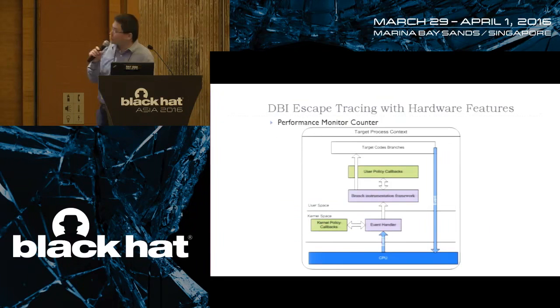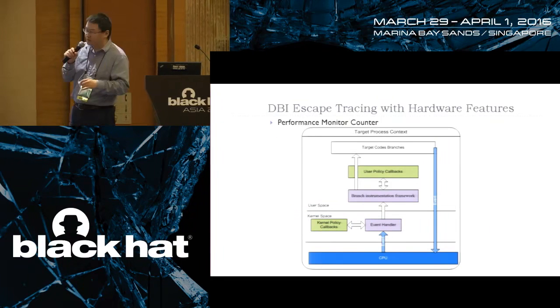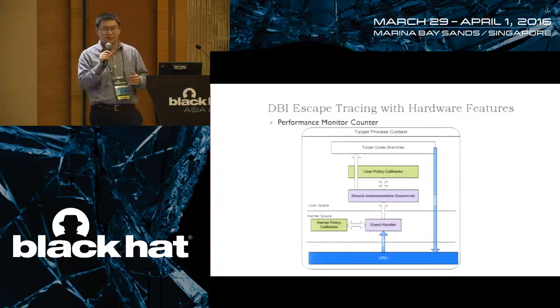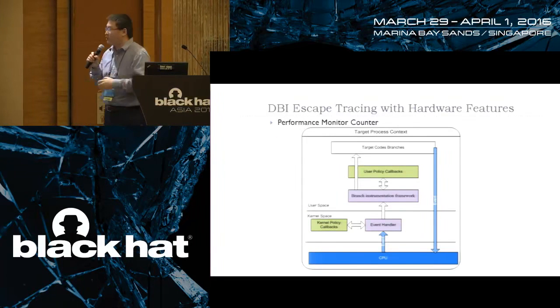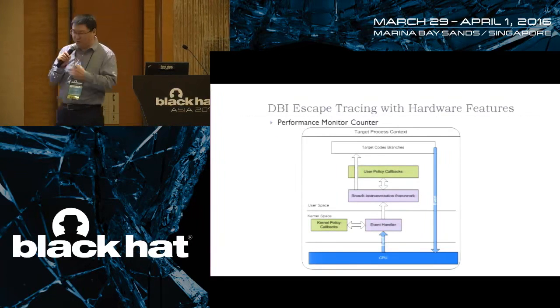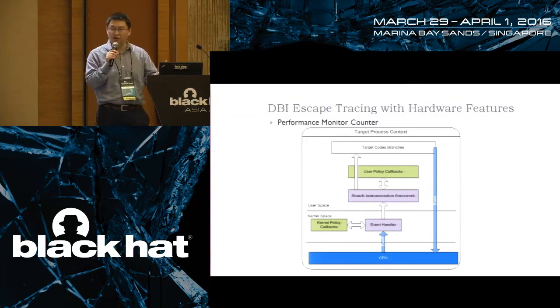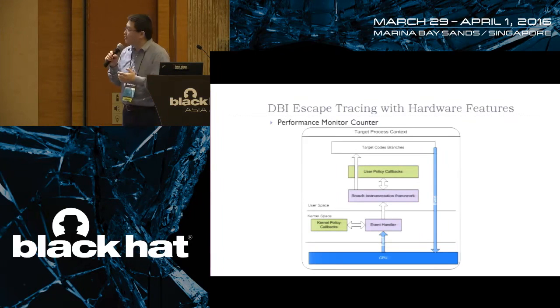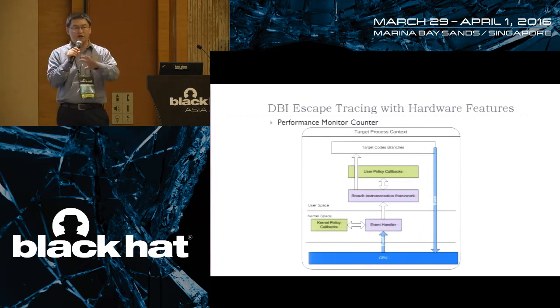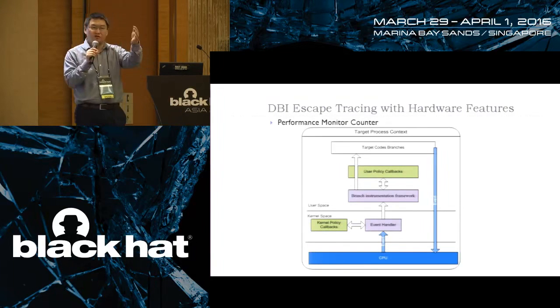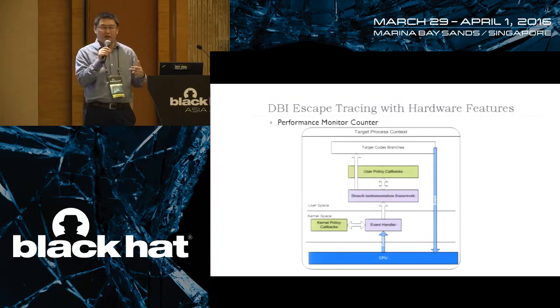So another interesting thing we want to show here is that we are using a hardware feature to monitor DBI escape. Think about it: whether it's code in the code cache or the original code, for hardware that's just an execution event, right? So if you can use some events to track branch instructions, this kind of thing, of course you can get enough data to say the target code did the DBI escape.